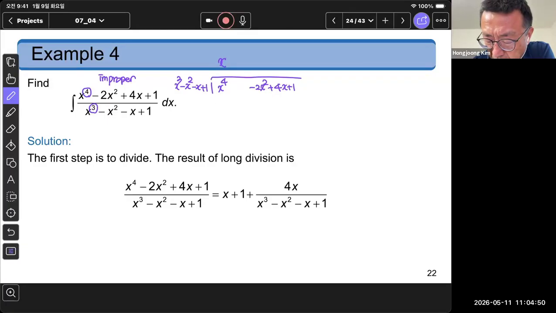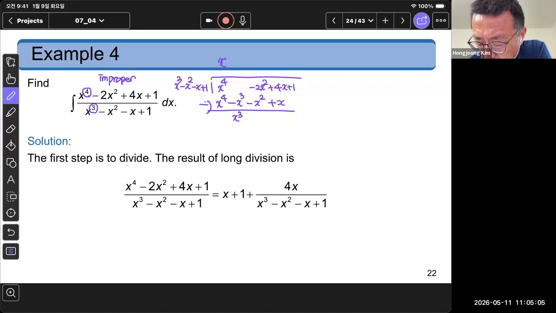Then we get x to the fourth minus x cubed minus x squared plus x. So if I subtract this from the given expression, then you get x cubed minus x squared plus 3x plus 1.